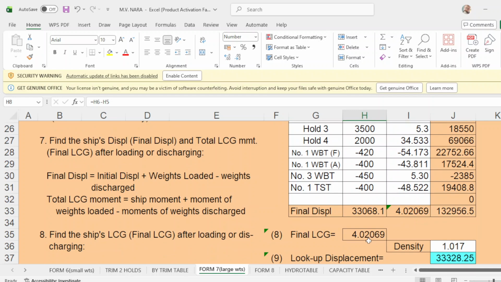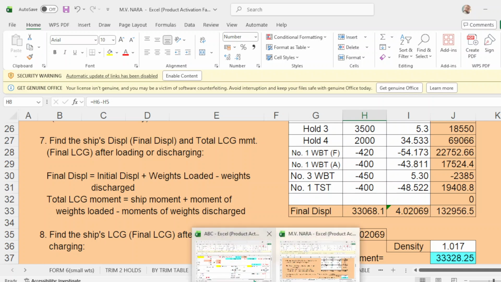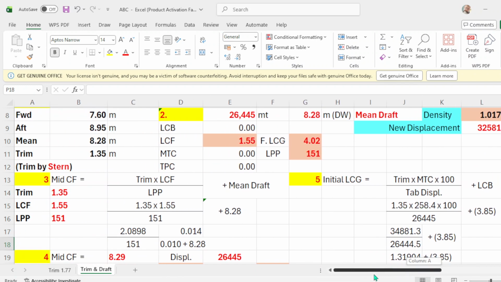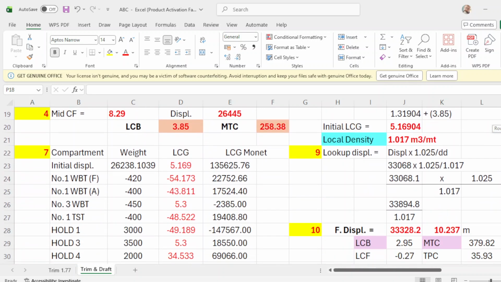This one, final LCG in the program, so that is number 7.